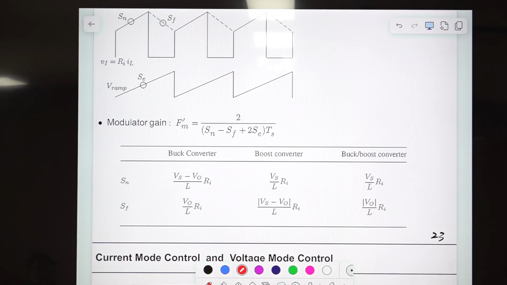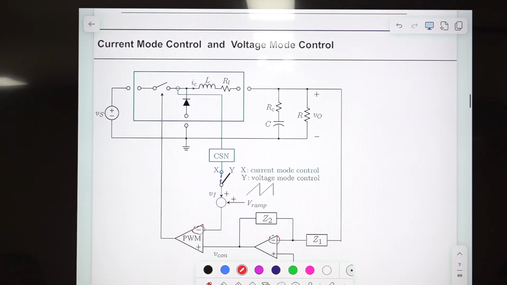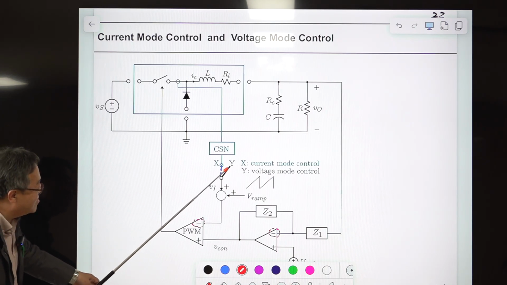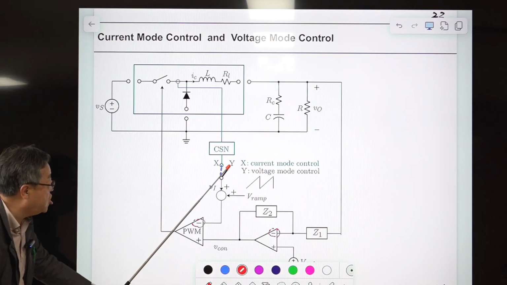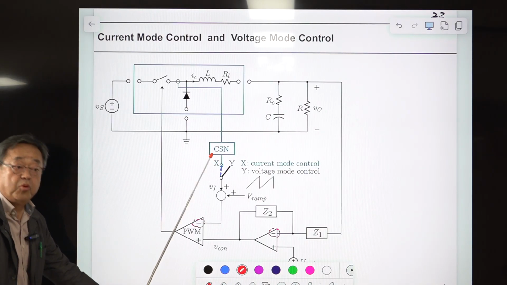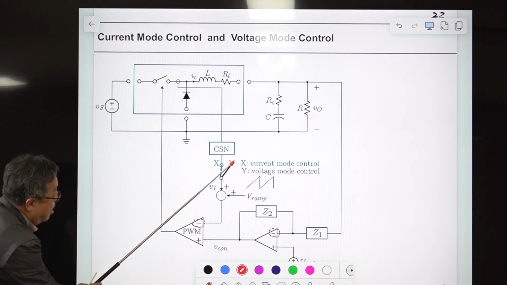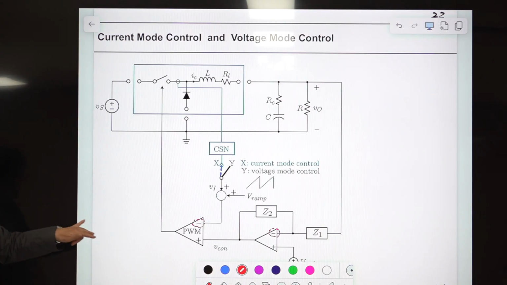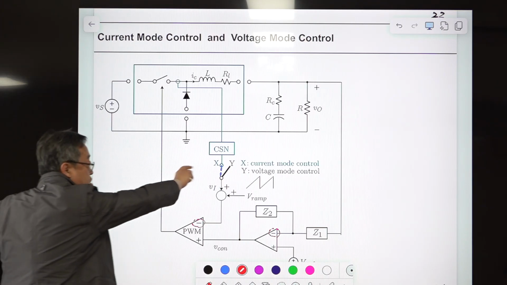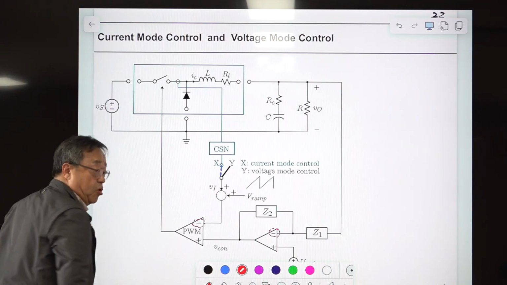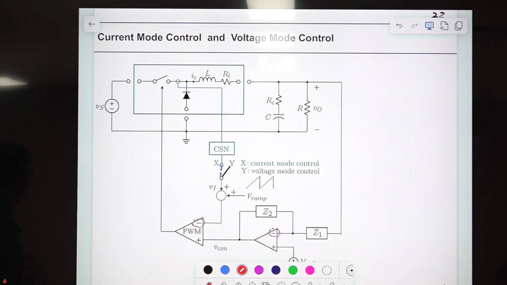All right. This is the schematic conceptual diagram of this control. I have a switch here. If the switch is connected this way, that is current mode control. This is active. If the switch is connected to this terminal, then that is voltage mode control. If you design a converter and you put a switch here, turning it in this counterclockwise direction makes current mode control, and the other way is voltage mode control.